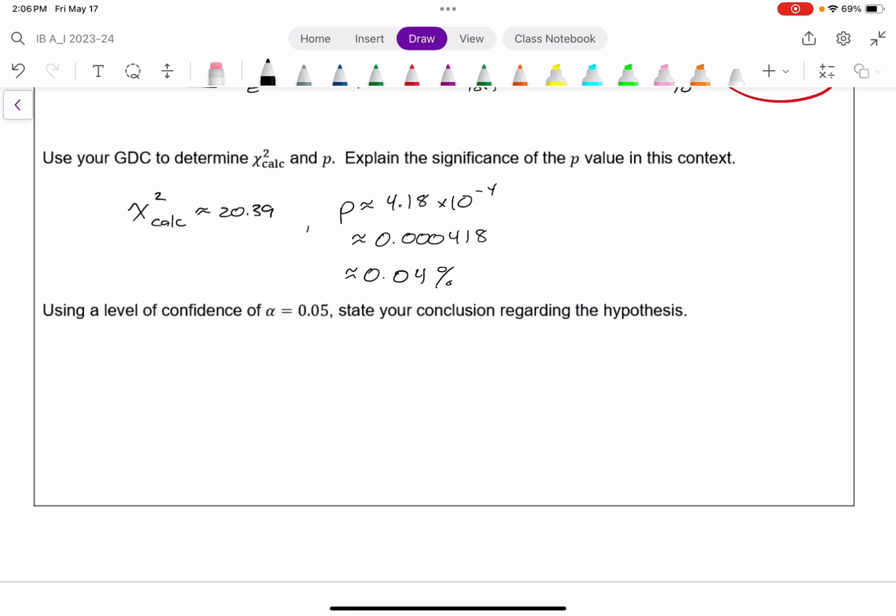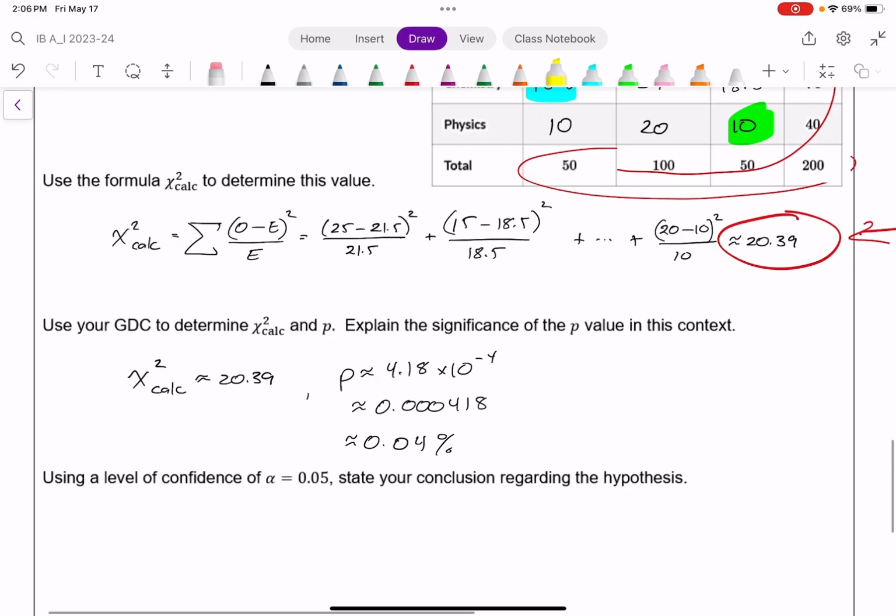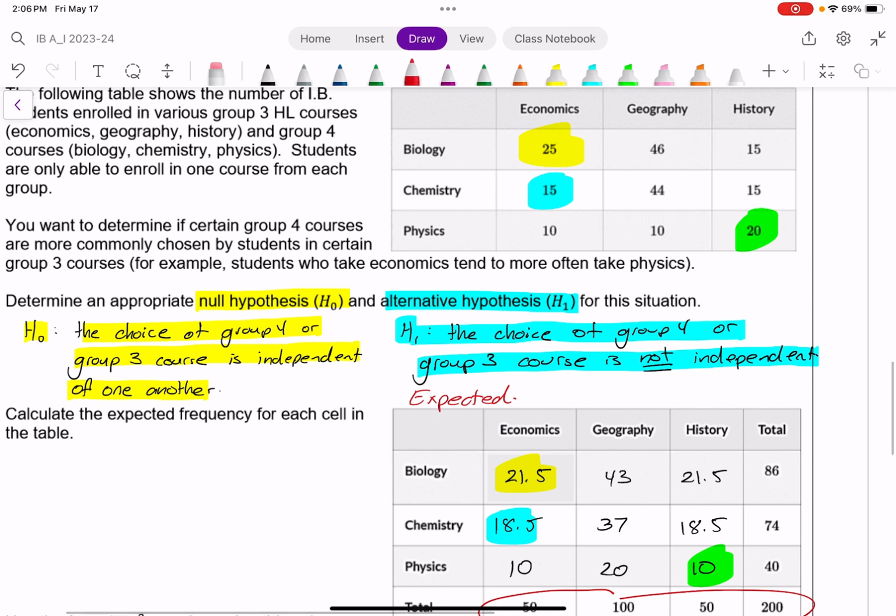So does that tell us if these are dependent or not? Well, in general, before I can make a conclusion, we really want to decide before the start, what is our level of confidence we want to accept. Because if we want to state that this is the case, or even better, if we want to reject this, then we need to have some significant statistical data.